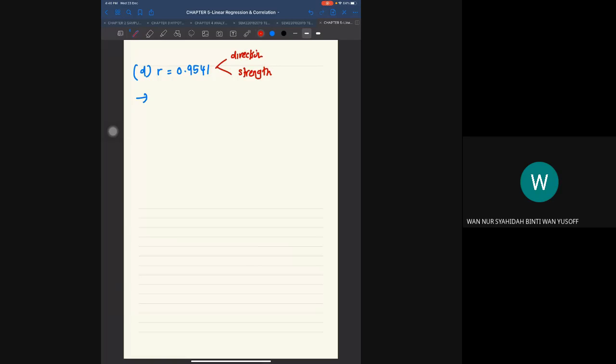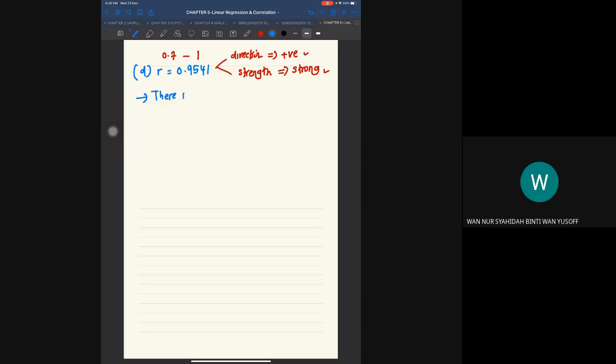What is the direction here? Positive. Strength? Strong, because 0.9 is between 0.7 to 1. So we know it is positive and also strong. In your interpretation, you need to have these two items.